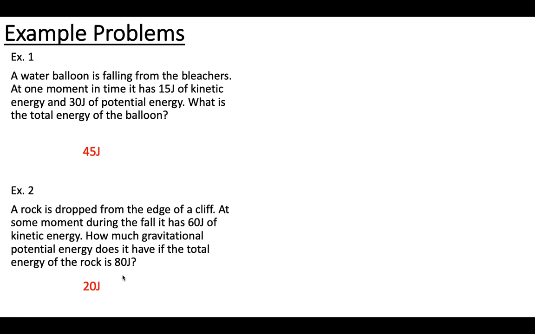You could also figure that out by subtracting. 80 minus 60. What is that? That's 20. Okay. So in the first one, we're figuring out the total. In example 2, I gave you the total and one piece, and you had to figure out the other piece. The 2 pieces have to add up to 80. One piece is 60. So the potential must be 20.